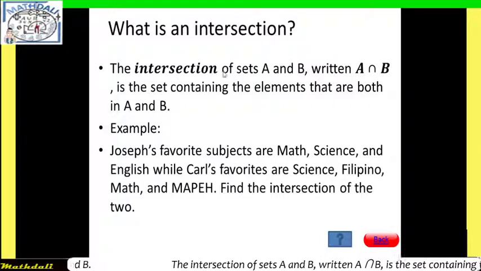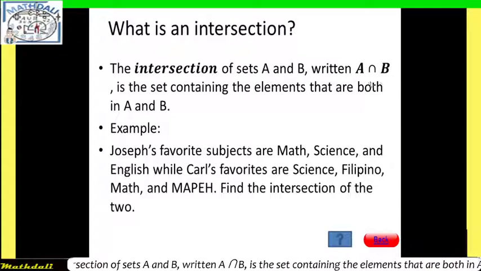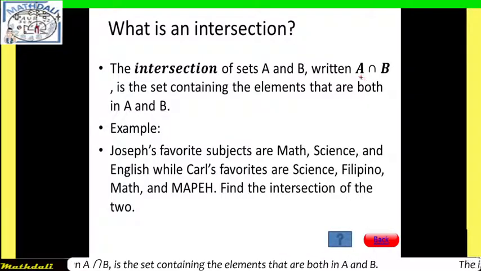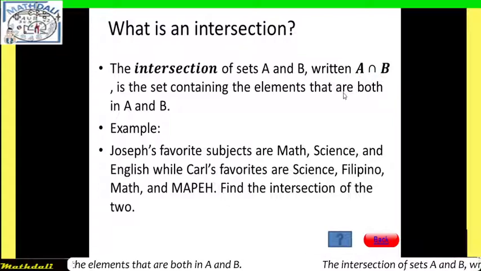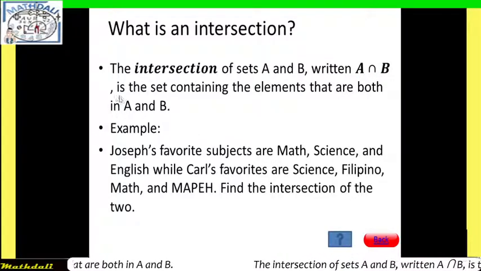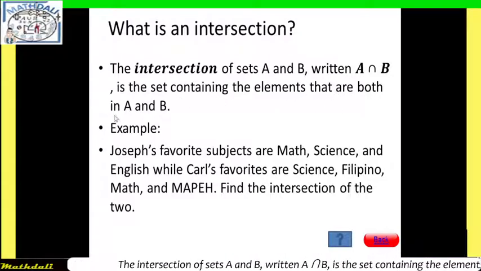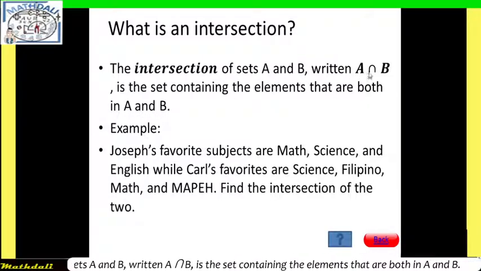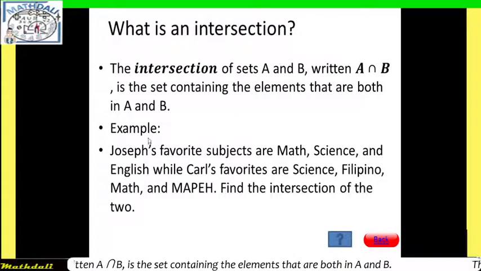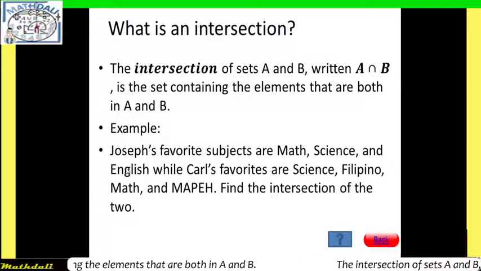The intersection of set A and set B is written with this symbol: A intersection B. Iyan ang gagamitin nating symbol. It is the set containing the elements that are both in A and B. So, ang elements na nasa set A na mayroon din sa set B. Illustrate ko muna mamaya kung ano ang intersection gamit ang Venn diagram.